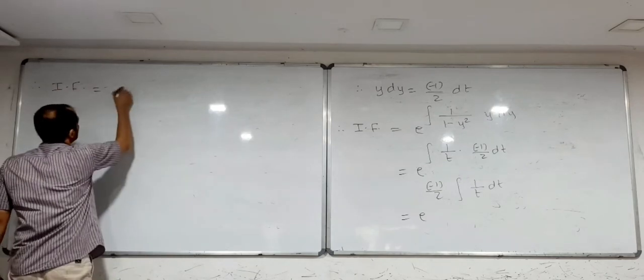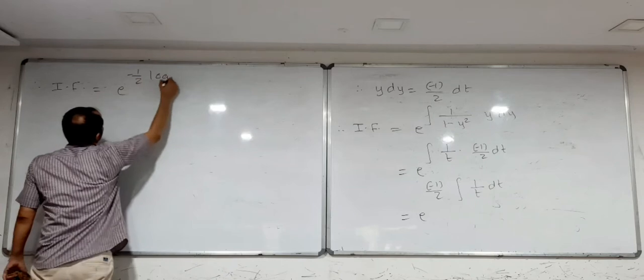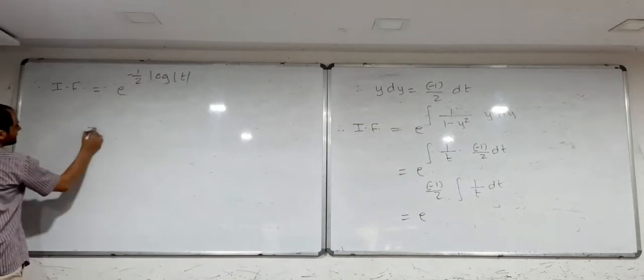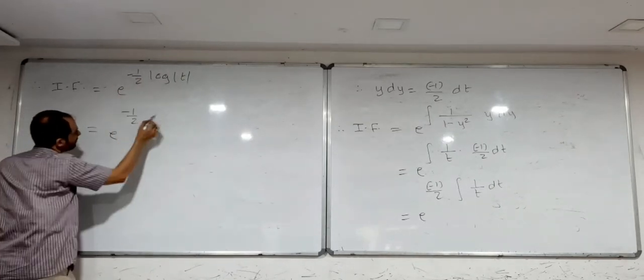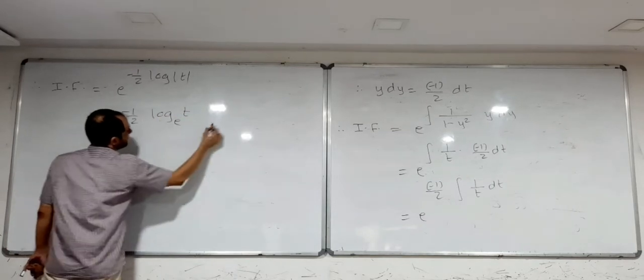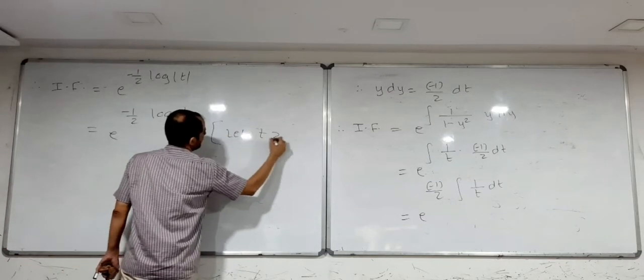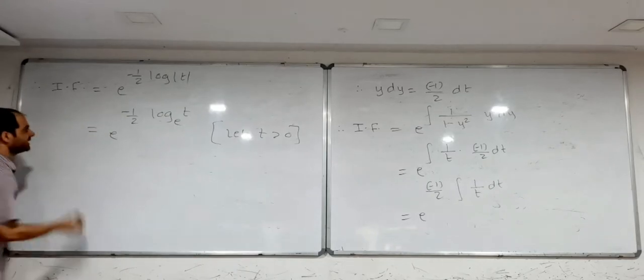is e raised to minus 1 by 2 into log mod t. Write minus 1 by 2 log mod t as log t, taking t greater than 0, so mod t becomes t.